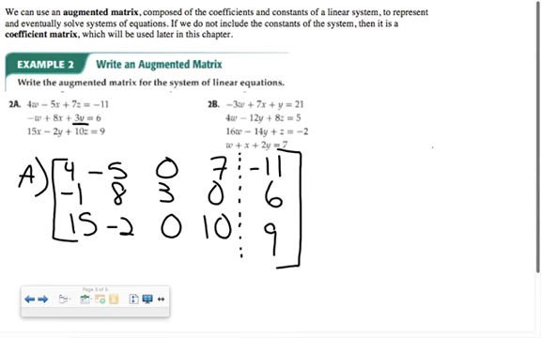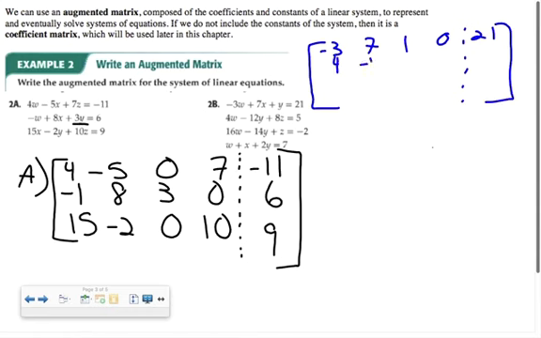Part B, similar idea. I have the same variables, W, X, Y, and Z. I'm going to try to write smaller. Negative 3, 7, 1, 0, bar, 21. 4, negative 12, oops.